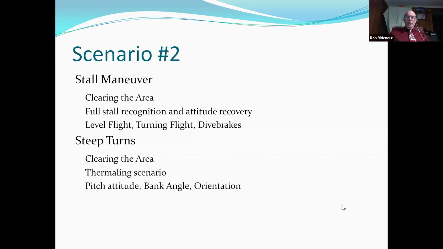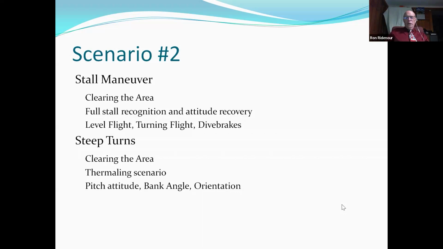Steep turns. It's my favorite maneuver because I think it involves a lot of correlation of different ideas and thoughts. I won't get into that this time, but another time I'll talk about the steep turn maneuver, what speed you should be flying it at, and what you should be doing while you're in the steep turn. But at any rate, in a nutshell, you want to clear the area before you do it.